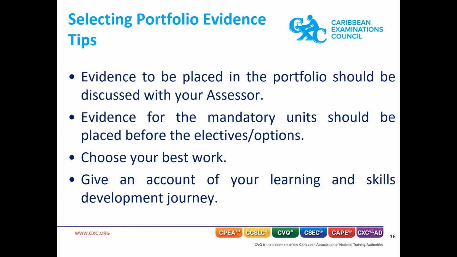He or she may have given you the work over and over to see the best ones based on the performance criteria. Remember I told you about the regional occupational standards, the elements and the performance criteria? You now want to ensure, my dear students and candidates, that you choose the best ones along with your assessor. Then remember too, always, another important tip: give an account of your learning and skills development journey.